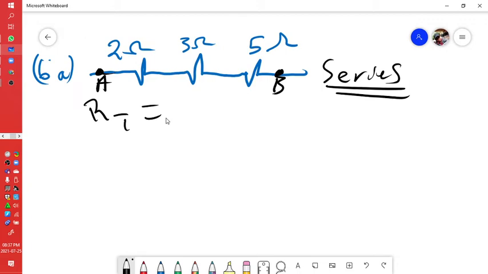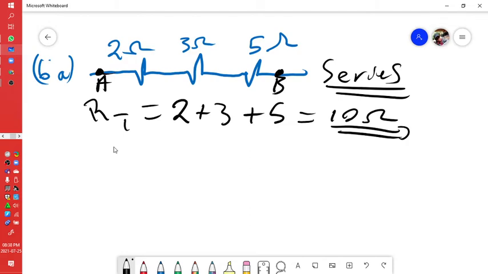So this is 2 plus 3 plus 5, which gives you 10 ohms. That is the total resistance of this series connection.